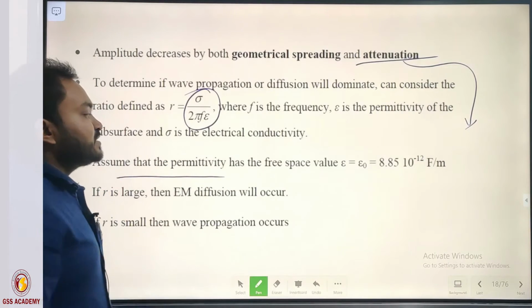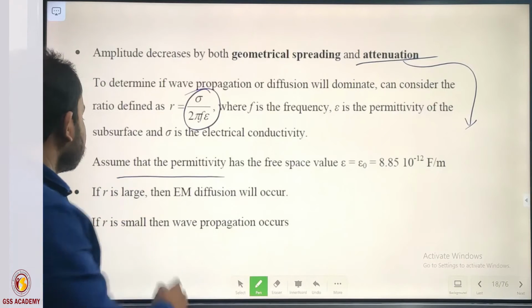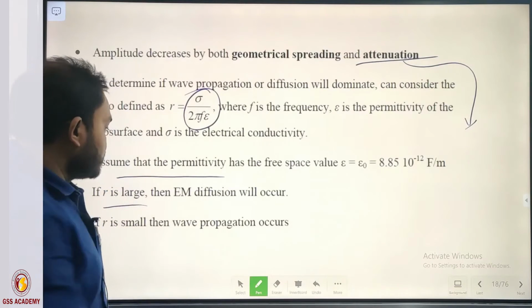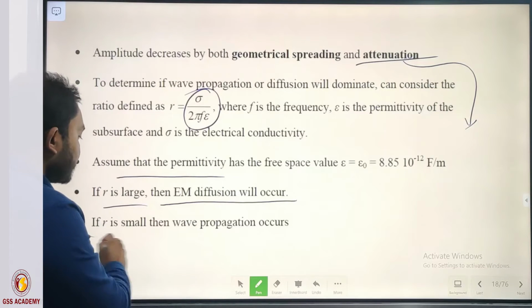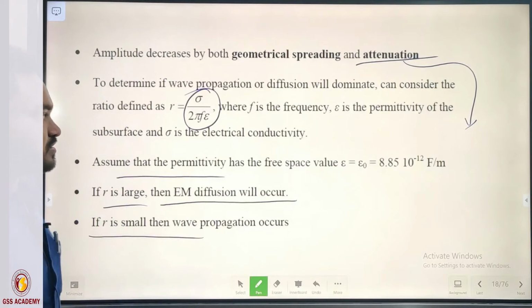Assume that the permittivity has the free space value. If R is large, then EM diffusion will occur. If R is small, then wave propagation will occur.